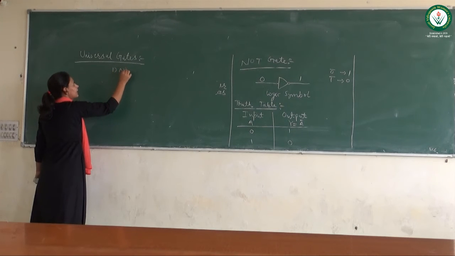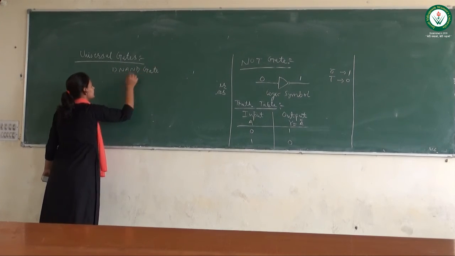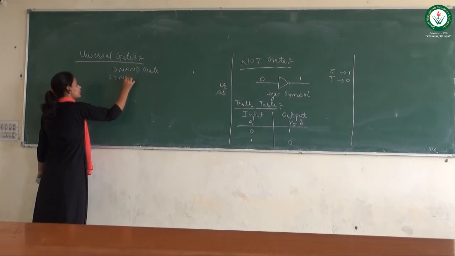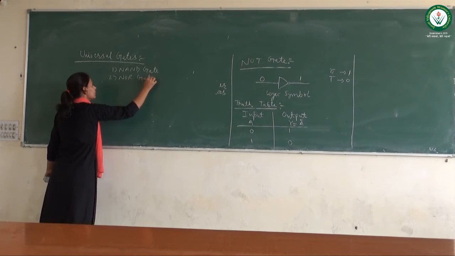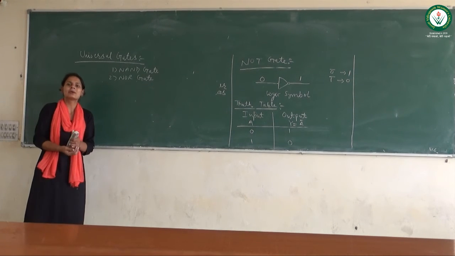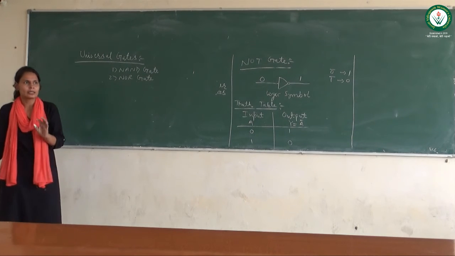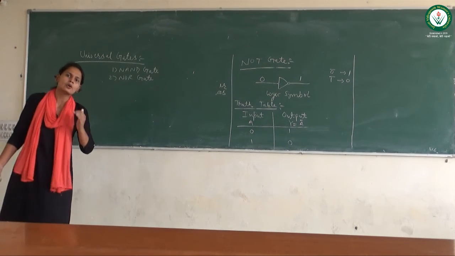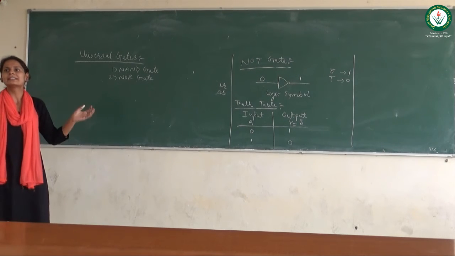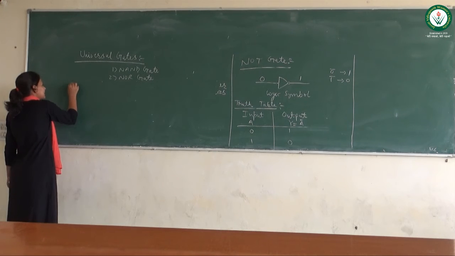First is NAND gate and second is NOR gate. Before starting the NAND gate, we should know what is the meaning of universal gates. Universal gates mean we can design any logic gate by using these gates. Firstly, we will discuss NAND gate.